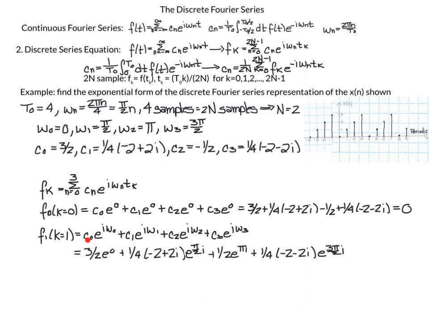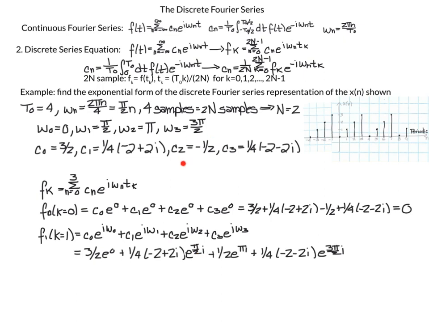Now I'm going to go ahead and plug in my constants and also my omegas, because I calculated those up here. So my first constant is 3/2, and this is e to the i omega 0. i omega 0 is equal to 0, so that's e to the 0. My c1 constant is 1/4 times minus 2 plus 2i, e to the i omega 1, which is pi over 2, so pi over 2 i.